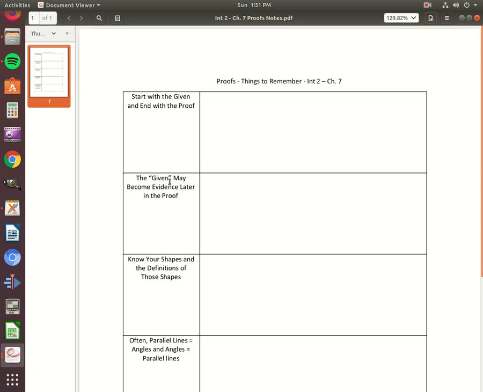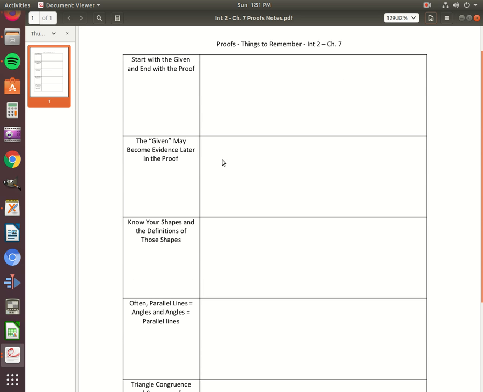So again, just be aware that anytime they give you something for a problem, you should expect that to probably become evidence later in your proof. And that's why they're telling you that. So it's just worth considering that. And these 5 things that I'm saying, I'll try and point them out as I go through the chapter as to the importance of them.